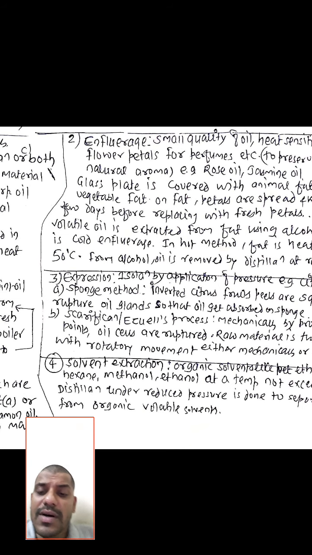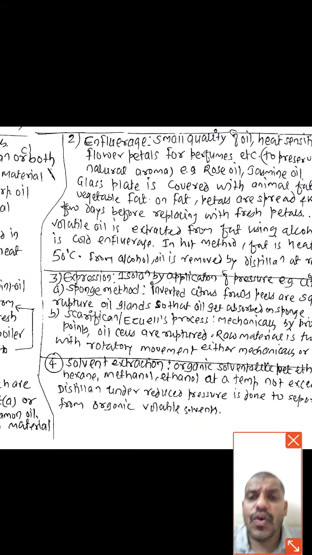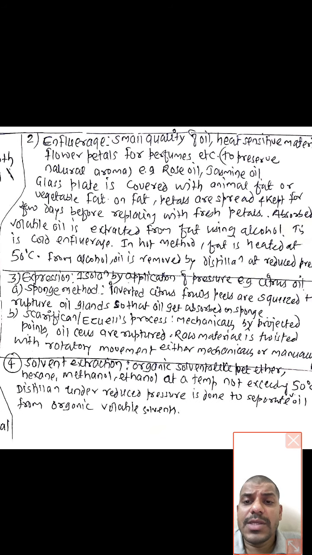Now we will talk about second category, that is enfleurage. Very beautiful way is there in this. In this method, on the sheet of wax, we spread the petals. For example, if we want to remove the rose oil, we will separate the petals of the rose flower.